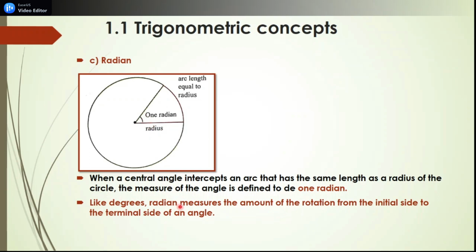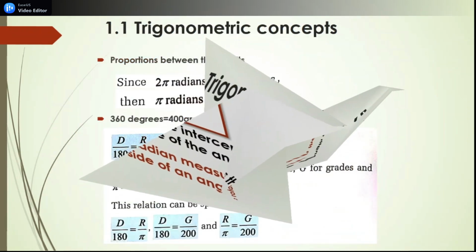Like degree, radian measures the amount of rotation from the initial side to the terminal side of an angle. We have seen, when we draw this in a quadrant, this is called the terminal side, the position of the angle.